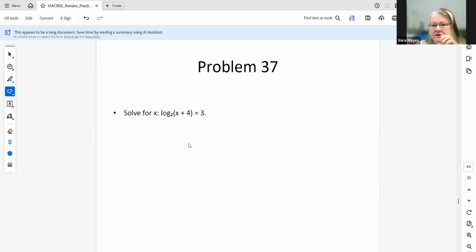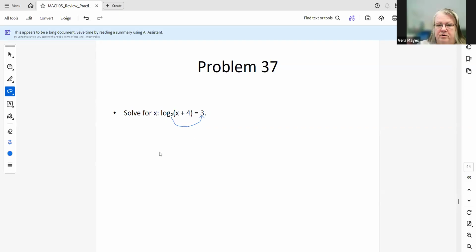Logs and exponents, they're just shaking hands all over the place. We looked at the exponent rules to help us rewrite the log earlier. There's another one where, if we have something in log form and we're not really quite sure what to do with it, we're going to use this fun little way to transform it from a log to an exponent problem. So we start with our base. Our base is going to stay the same.